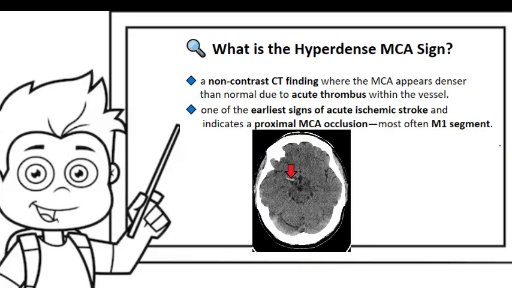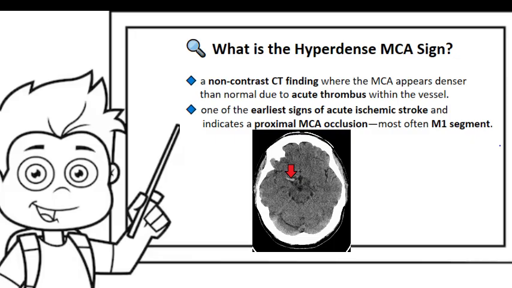The hyperdense MCA sign refers to the appearance on CT where the middle cerebral artery appears hyperdense due to the presence of a thrombus or clot within the vessel, typically during the acute phase of a stroke. This finding is highly specific for MCA occlusion, although it's not always sensitive.